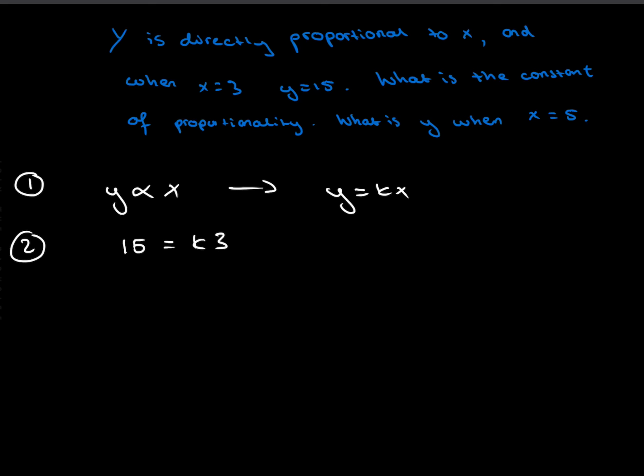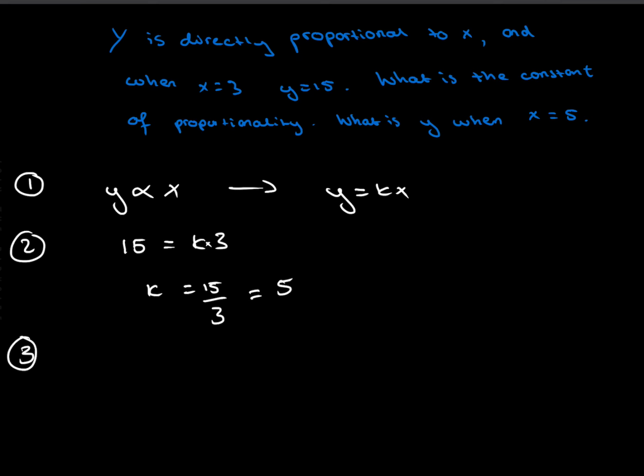So we've got 15 is equal to k times 3, because our x is equal to 3. How do we find k? We just divide 15 over 3, and that equals 5. So our constant of proportionality is 5.